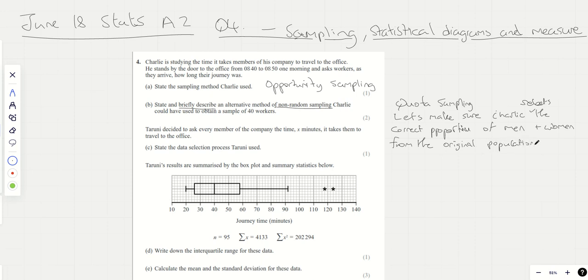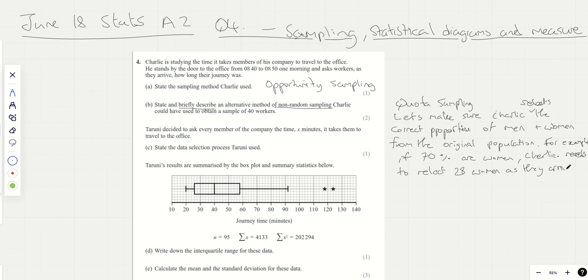And you can always give an example. For example, if 70% are women, Charlie needs to select 70% of 40, which is 28, as they arrive.